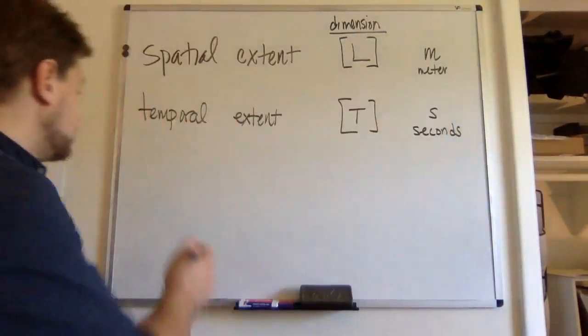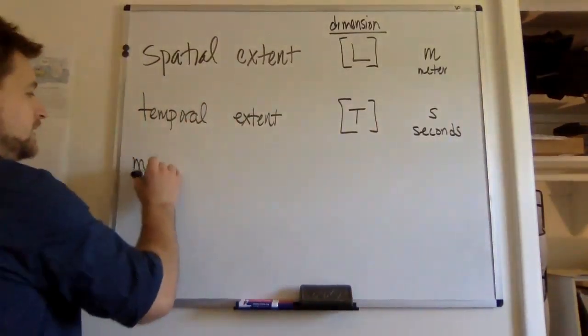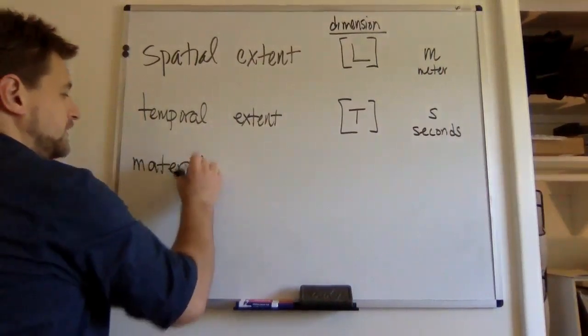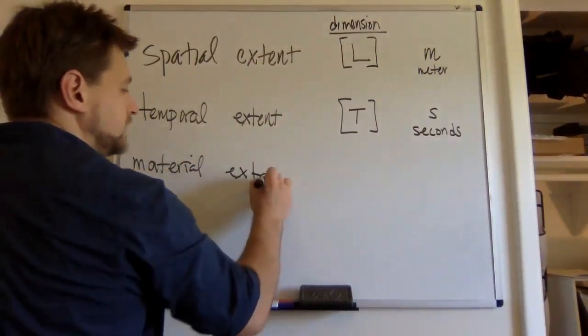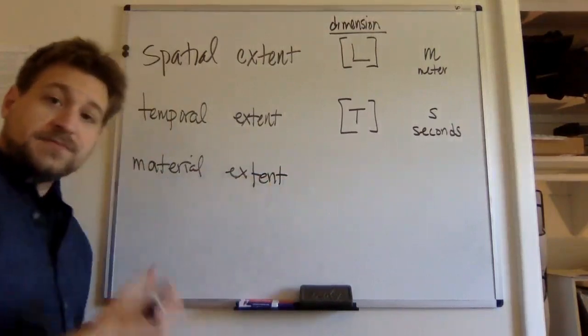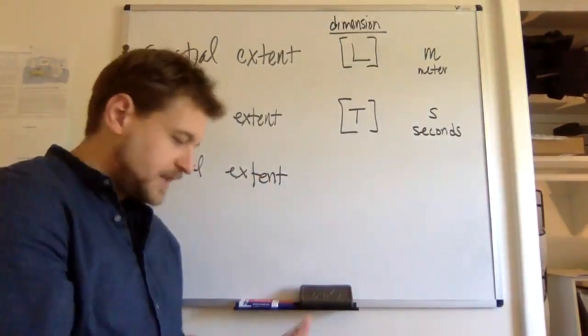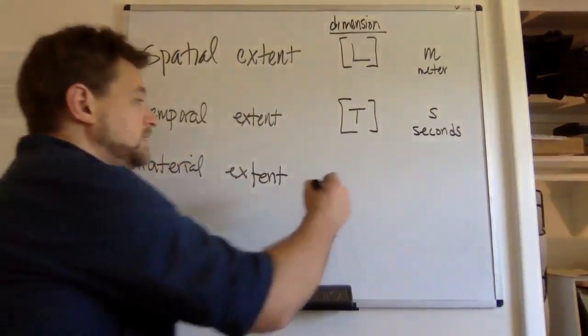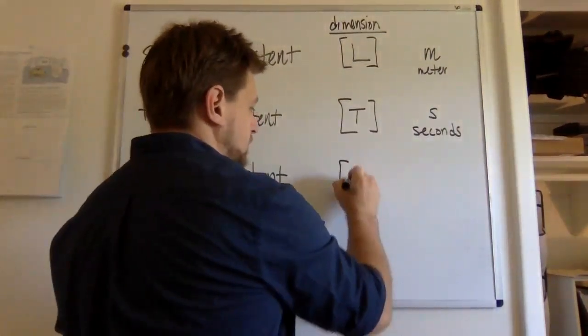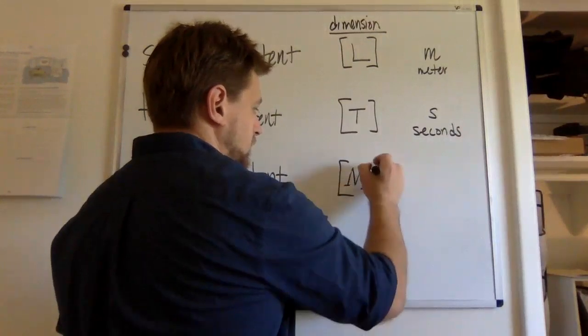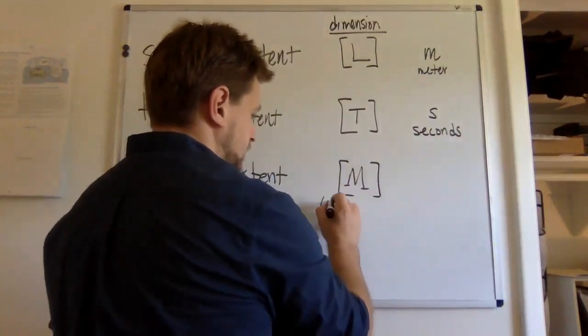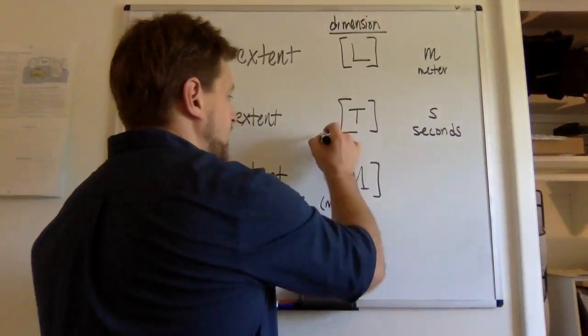And that's the other fundamental way that we can talk about the world around us, and that's to describe the material extent. How much matter is described by this thing that I'm measuring? How much mass?